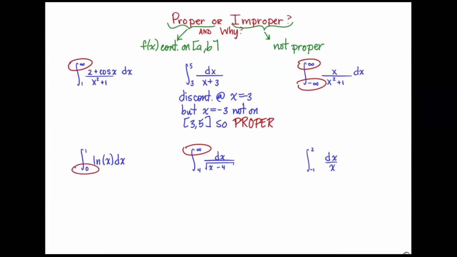And so this integral is improper because of that discontinuity at the lower bound. And then for the last one, the integral from -1 to 2 of dx over x, well, we're okay at -1, we're okay at our upper bound of x equal to 2, but there is a discontinuity within that interval at x equal to 0.